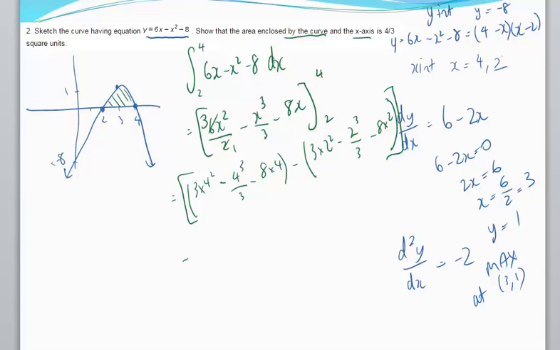So we end up with minus 5 and a third minus minus 6 and 2/3. The negative becomes a positive, so we end up with 1 and 1/3 square units.